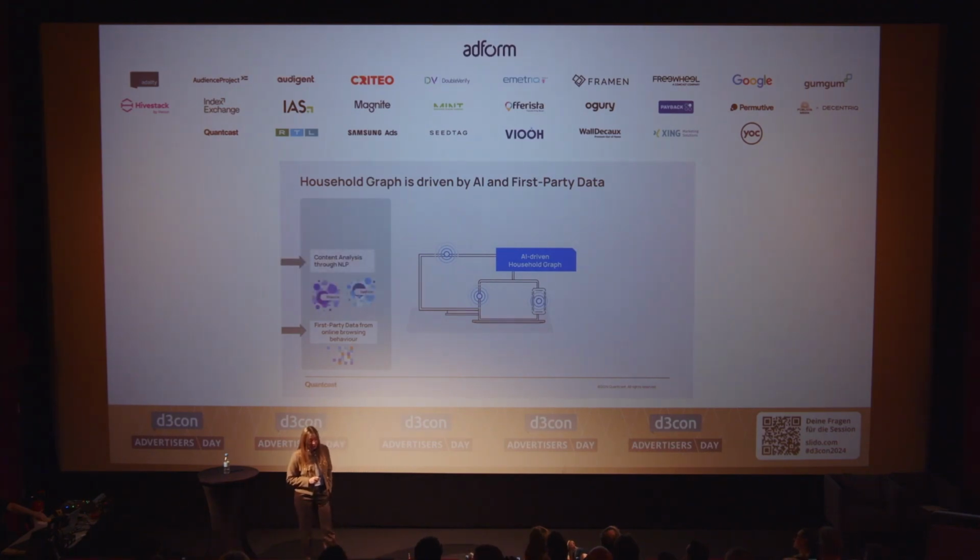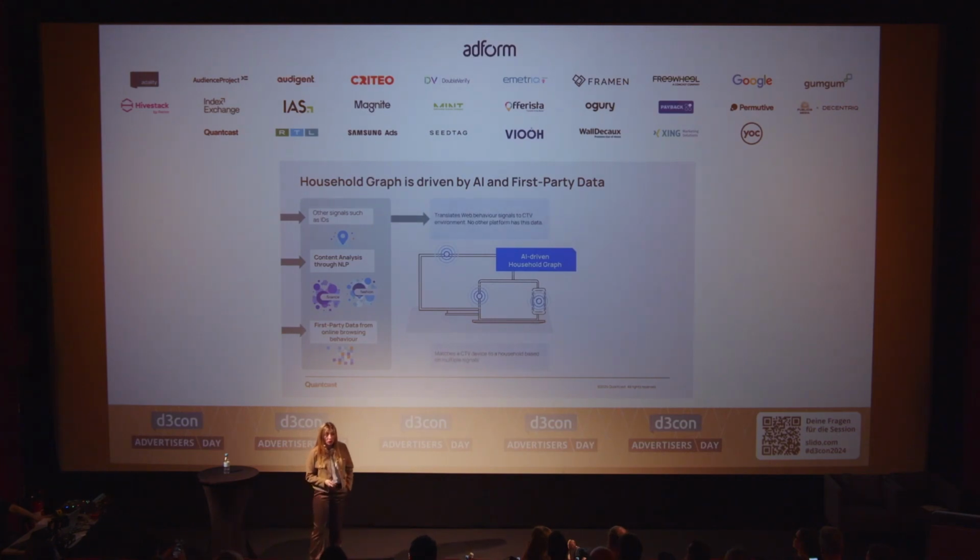You should use an AI that has the capability to really analyze your content based on natural language processing, because the content you consume online, those keywords are going to tell a lot about your topical interests. And then the AI can also bring into the mix some ID signals which are more deterministic, meaning I can connect the dots between my online devices and my household where my CTV, my smart TV, is located.